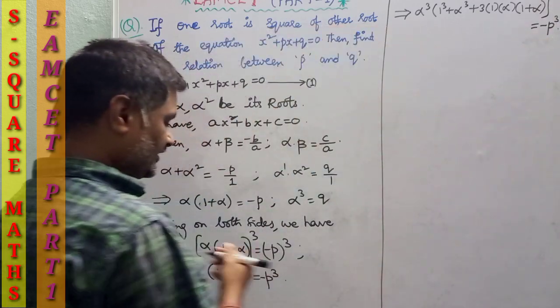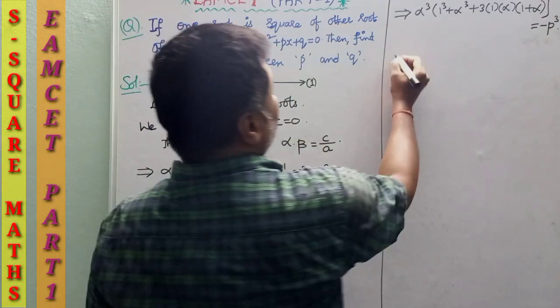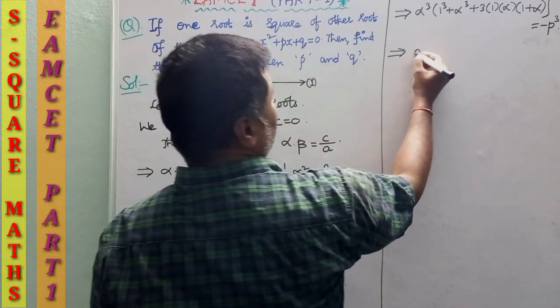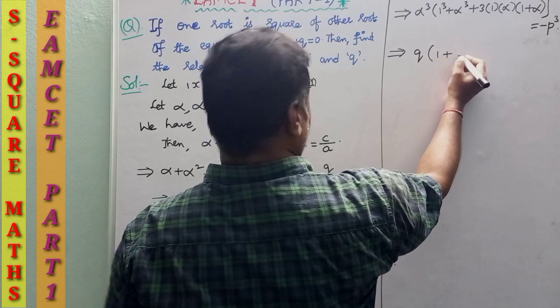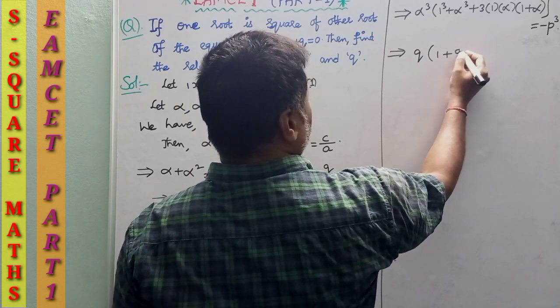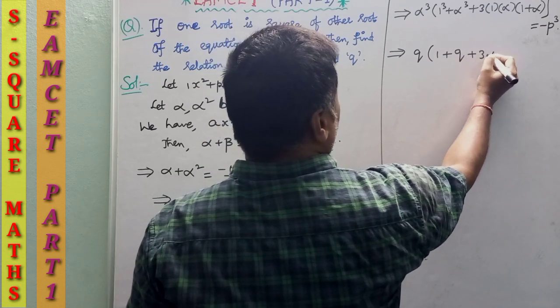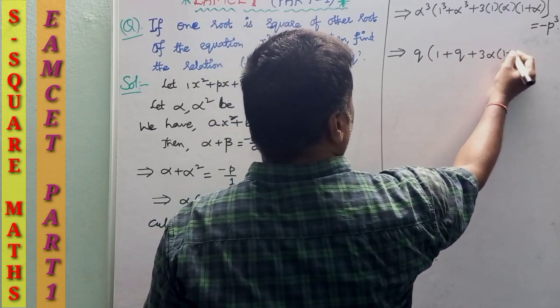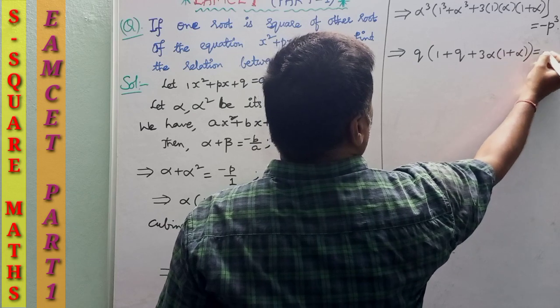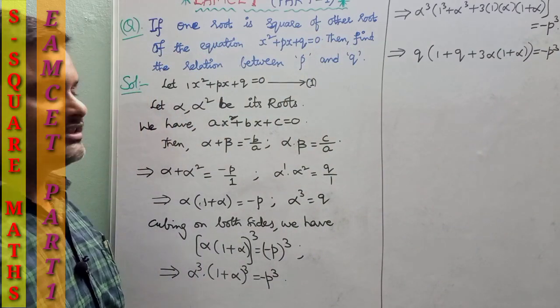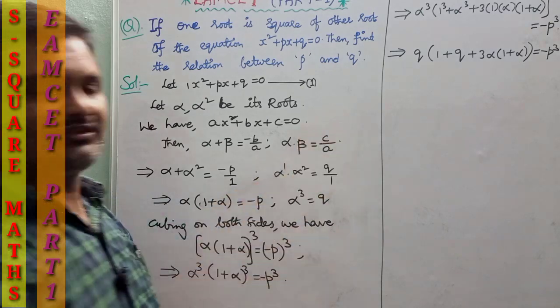On the RHS, alpha cube is nothing but our q, so I replace it: q into 1 plus alpha cube, that is q, plus 3 into alpha into 1 plus alpha is equal to minus p cube. In place of alpha cube I have substituted q.